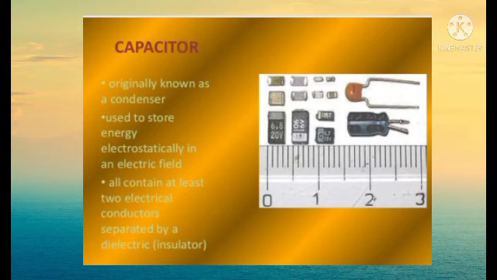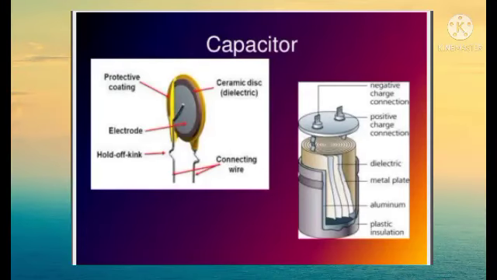In capacitors, there are two parallel plates which are separated by a dielectric material. The construction of a capacitor is as shown in the figure.